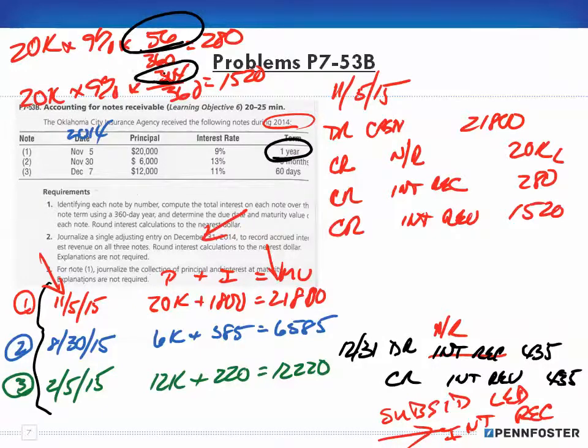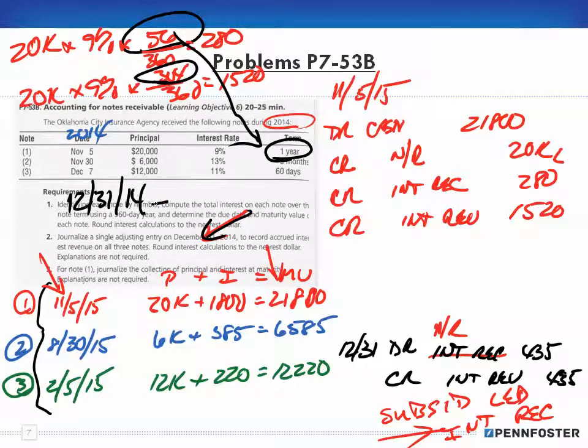So there's a remaining 304. 304 plus 56 is 360 days, or the 1 year, okay? So what they did is they're saying, okay, for this journal entry, we ended up making these journal entries on December 31st of 2014. But from 12/31/2014, we didn't make any journal entries until we paid off this note on 11/5/2015, all right?